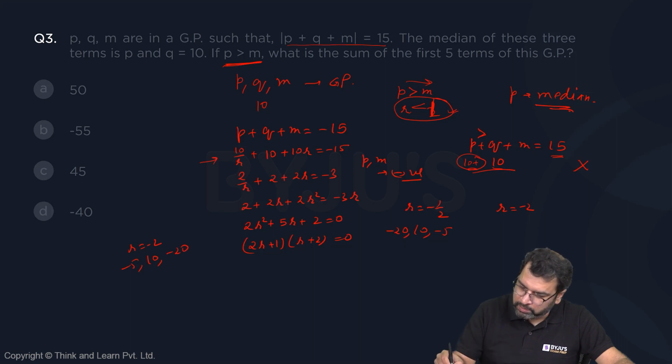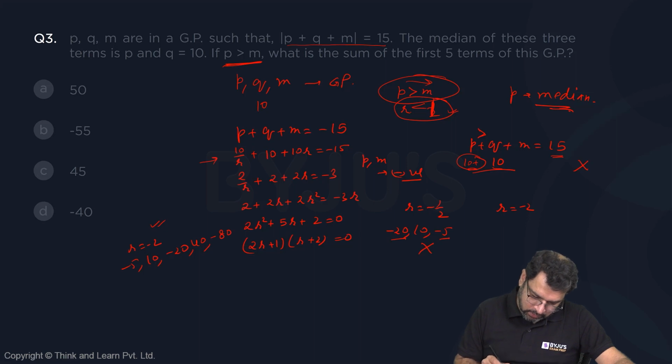Now P should be more than M, right? So here P is less than M, not possible. That means R is equal to minus 2. So the 5 terms will be what? Minus 5, 10, minus 20, next will be 40, and next will be minus 80.